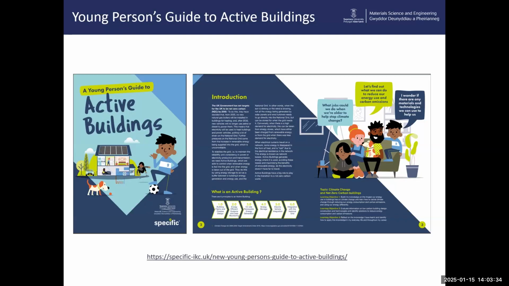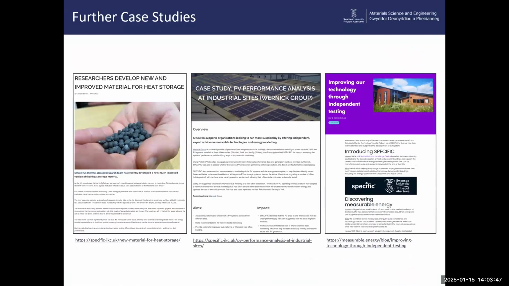This is just an alternative format, engaging infographics, designed to appeal to the next generation of engineers, which is also very useful to have a read through. Again, the link is there on the slide. And they also, via the Specific website, have further case studies into industrially relevant research in materials or testing of the performance of a site and quality studies as well.